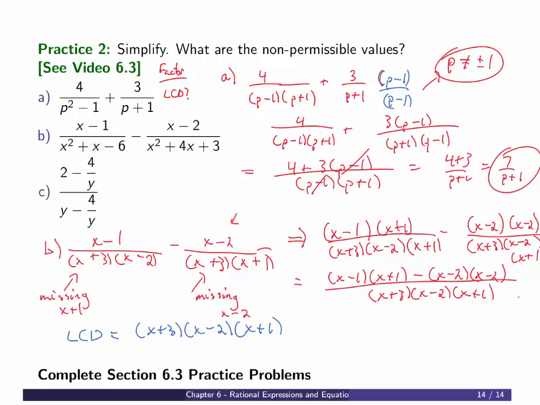Okay? Now, by the way, your non-permissible values are negative 3, negative 1, and 2 in this case.